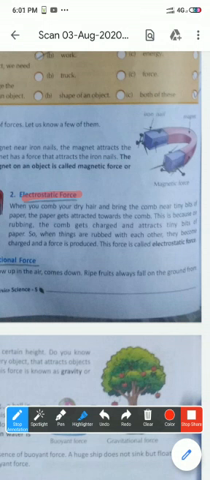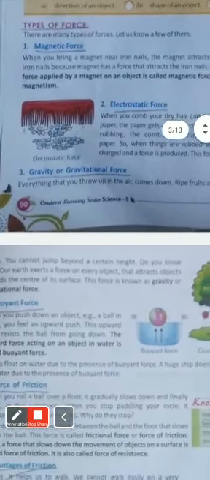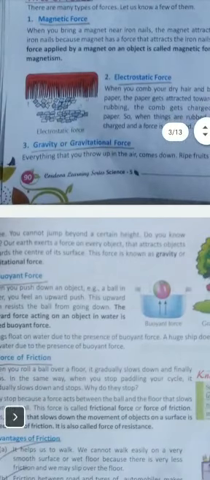For a certain time only it will happen. So, the force by which it pulls the paper is basically called electrostatic force.